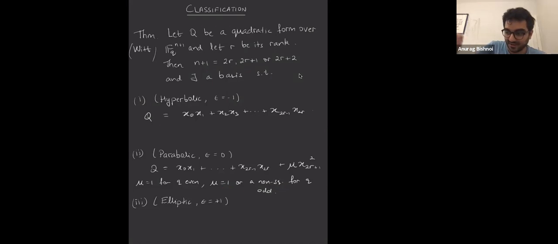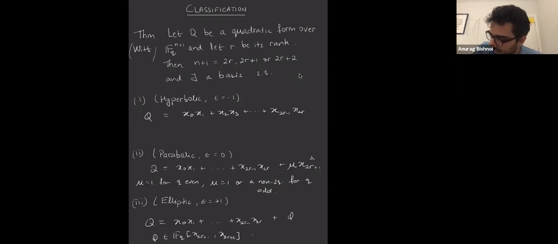Okay. And finally, there's this other form, which is called the elliptic quadratic. Someone mentioned them in a chat before, where you have x0 x1 plus so on, x_{2r-2} x_{2r-1}, plus some function phi, where phi is of course in the last two variables, x_{2r} and x_{2r+1}, and it's an irreducible, degree 2, homogeneous polynomial.